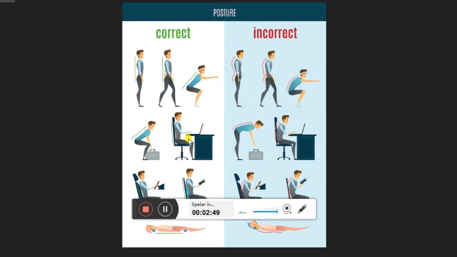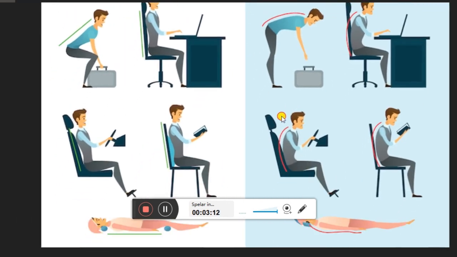Even in the second picture, you can see how the person is sitting. Back is straight. But here you can see it is bent. So always keep this in your mind, and be alert whenever you are sitting or standing, how your backbone is, whether it is straight or bent.